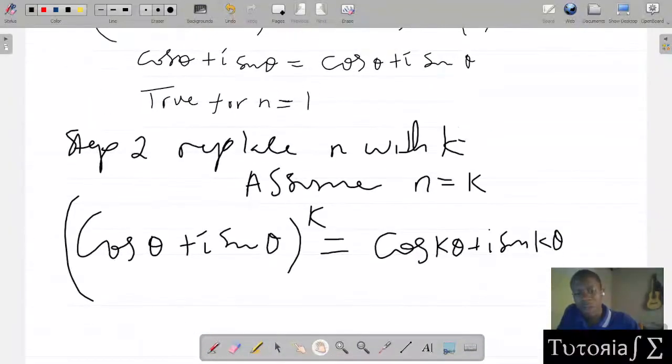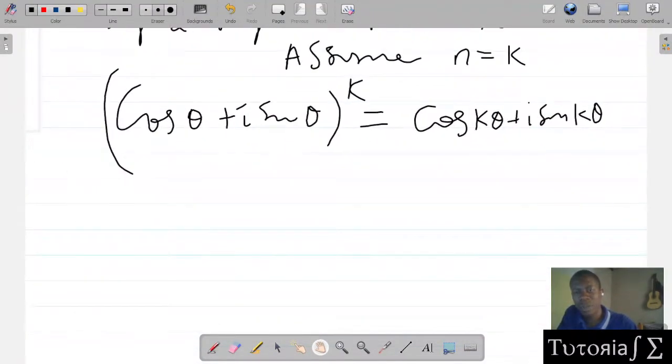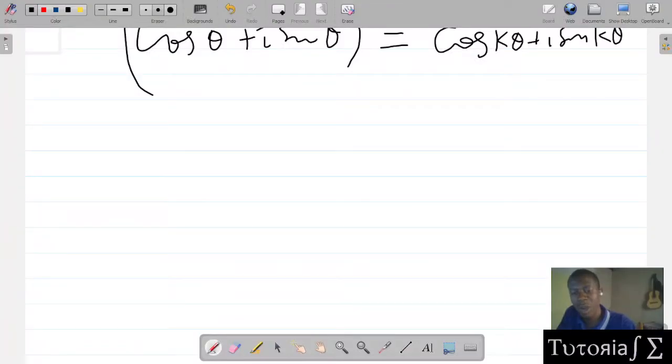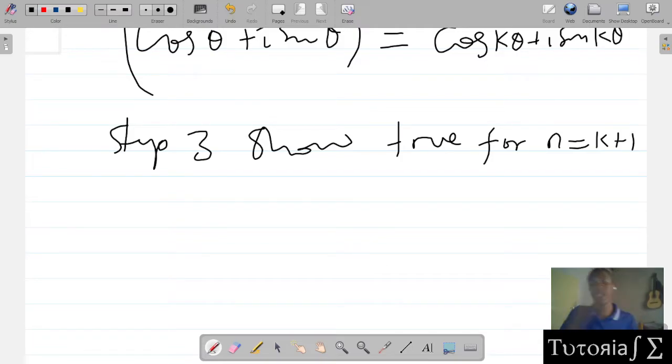Now we go on to step 3, which is the hardest step, where you need to do some work. We need to show that the statement will be true for n equals k plus 1.